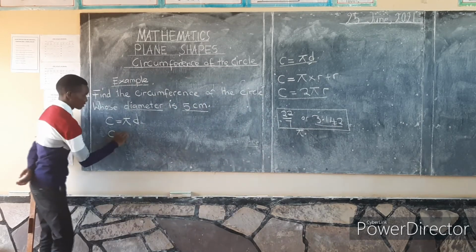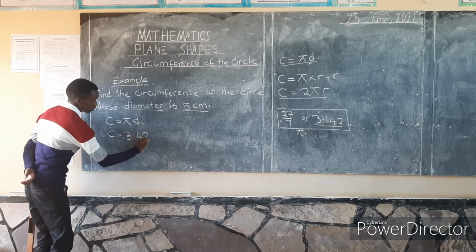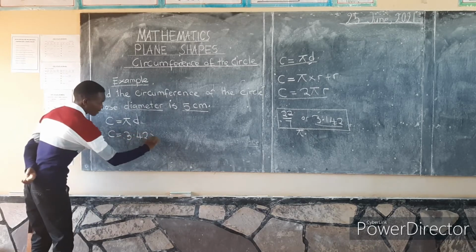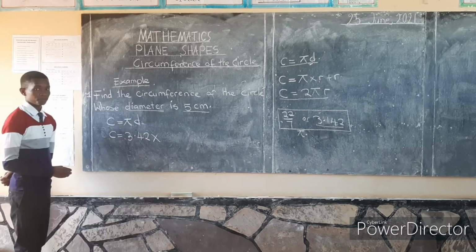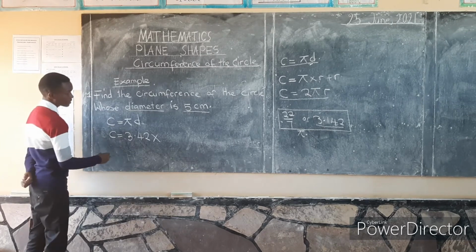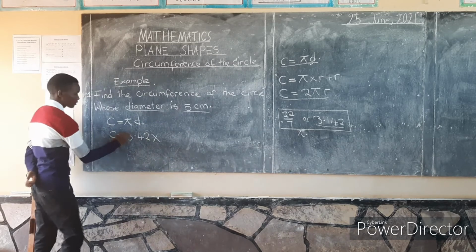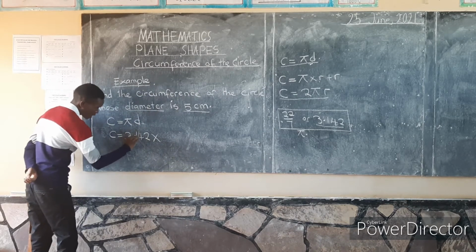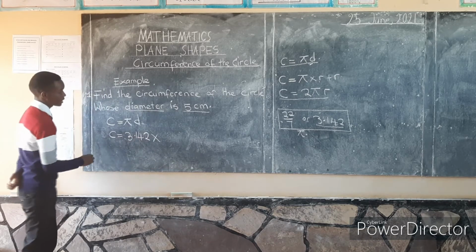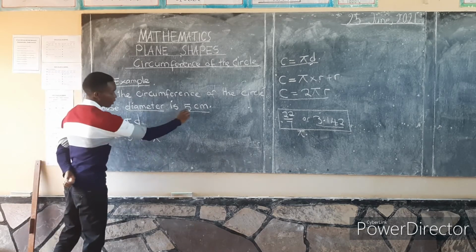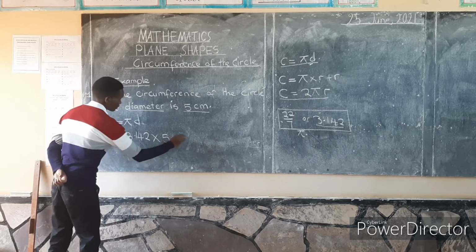So circumference is equal to, where there is pi, I'll put 3.142, times, where there is d, I'll put the number that I've been given, 5 centimeters.